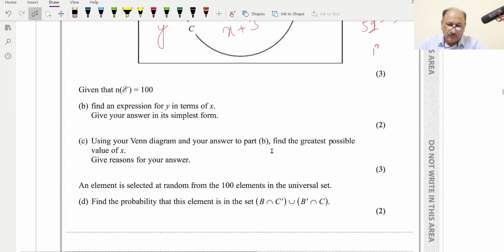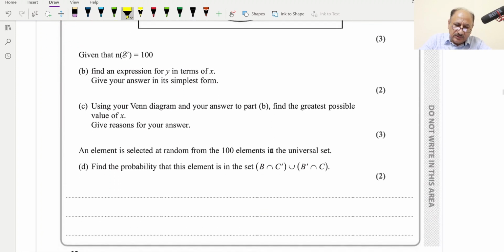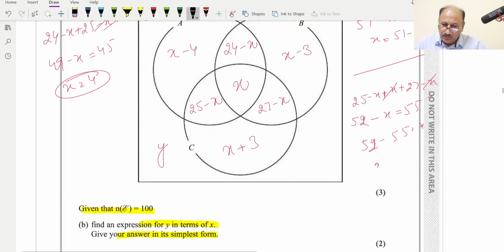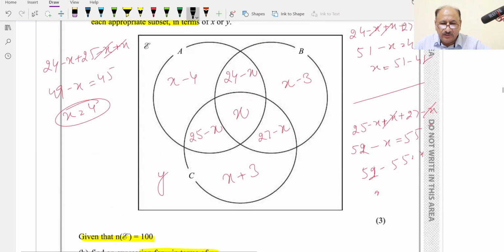We have done all. Now after this, they are saying, given that n of E is equal to 100, this information is provided, find an expression for y in terms of x in simplified form. So we will be adding all the terms in this Venn diagram.